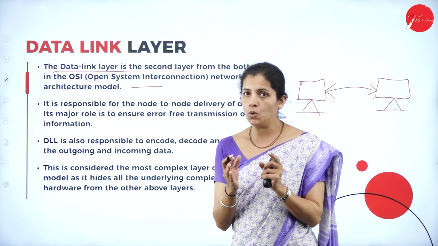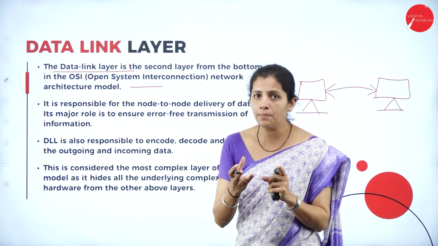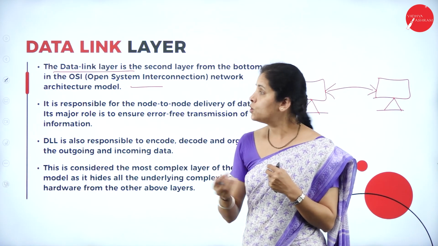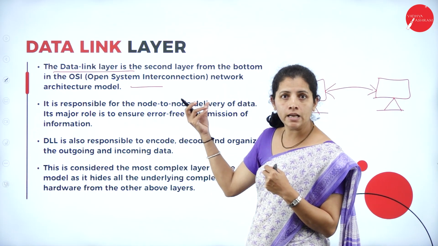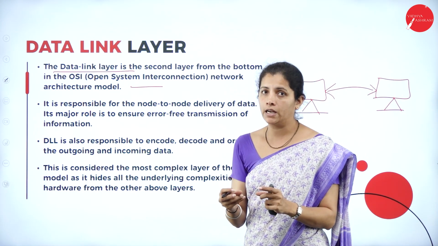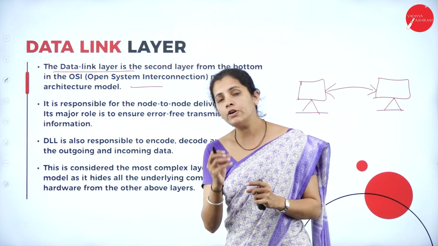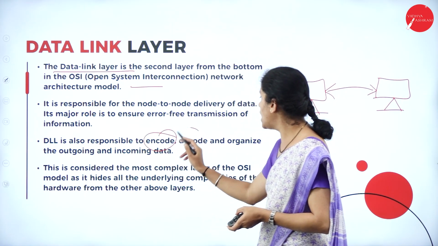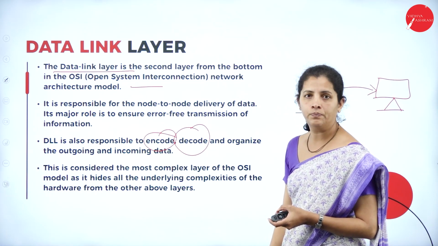So what is encoding? That is nothing but encrypting, and decoding is nothing but decryption. So what is the job of the data link layer? It is to provide security for our data. To provide security for our data, it provides encoding and decoding.